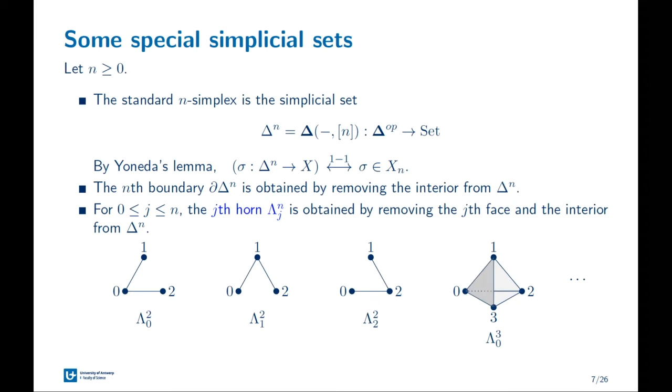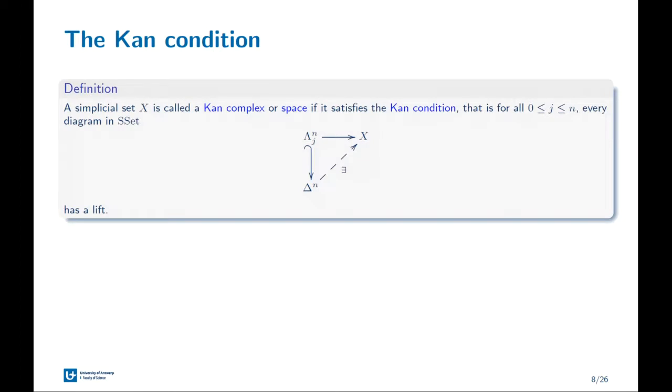For example, here, Lambda^2_0 is the 2-simplex where I removed the 0th face, which is the face opposite to the 0th point. And similarly for these other horns, and in higher dimensions you can do the same thing as well. So Lambda^2_1 would be this horn where I removed this face over here, the bottom face. Okay, so these are our main players. What can we do with these things?